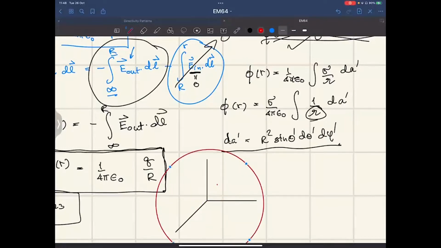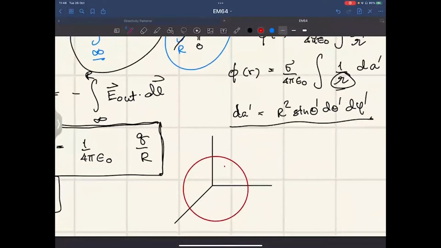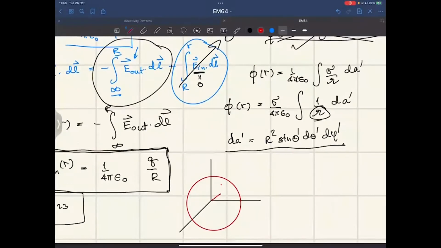All right, so this is the point that we are interested in. And the point where we want to find the potential is this point.